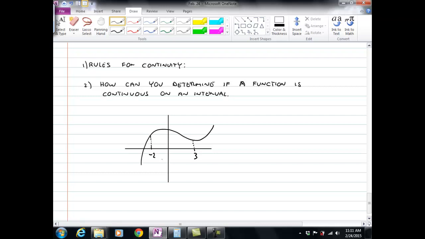They're going to ask you, and this is f of x, is the function continuous on the interval -2, 3. And this is what I want to focus on today.